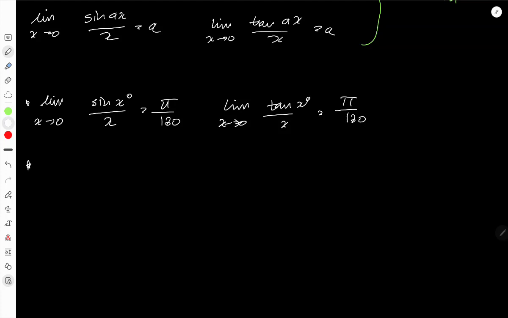And another important result is limit x tends to infinity sin x by x is 0 and limit x tends to infinity tan x by x is 0.